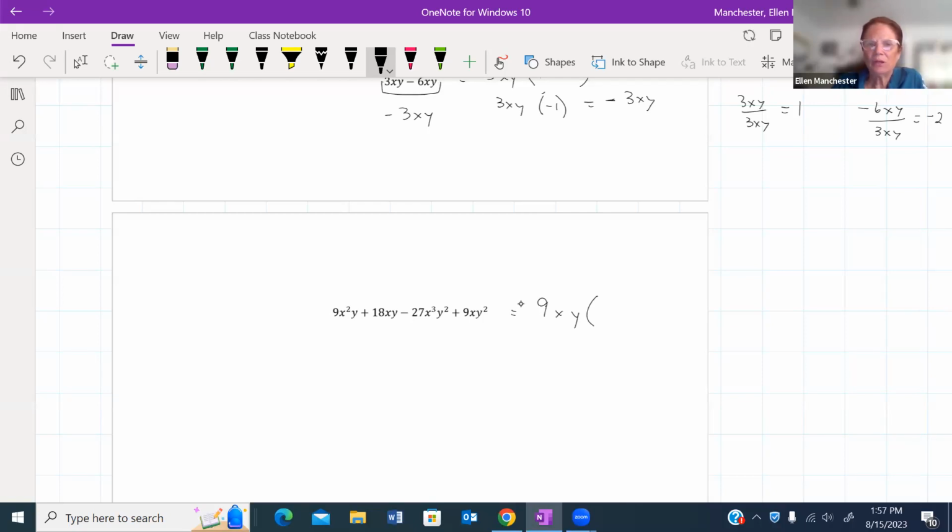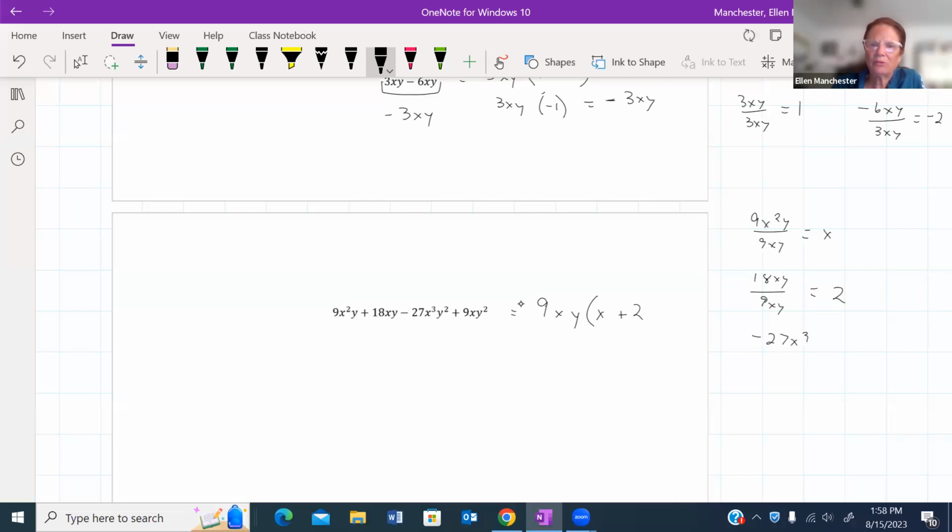Okay, so now we're going to do our division. So we have 9x squared y over 9xy. So the 9's cancel, the y's cancel, the x's, all I have left is an x. 2 minus 1. Plus, and then we have 18xy divided by 9xy. So 18 divided by 9 is 2. The x's cancel and the y's cancel.